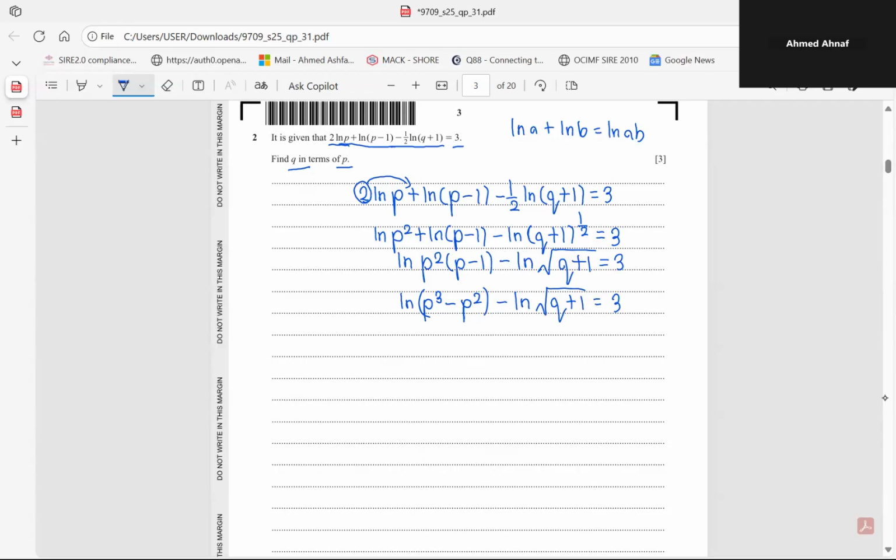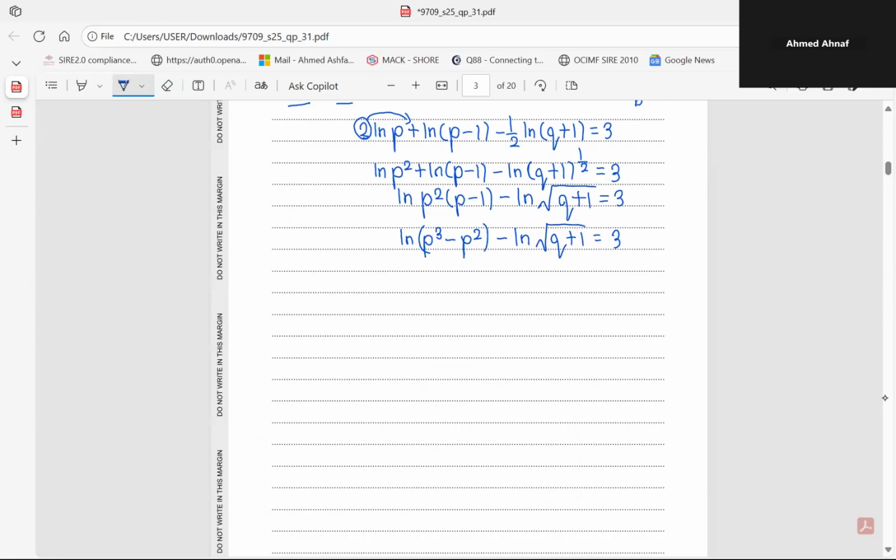Now we have two logarithms of the same base separated by a minus sign. Like the previous one, when you have two logarithms separated by a minus sign, you can use this logarithm rule and just put a division sign between the a and b.